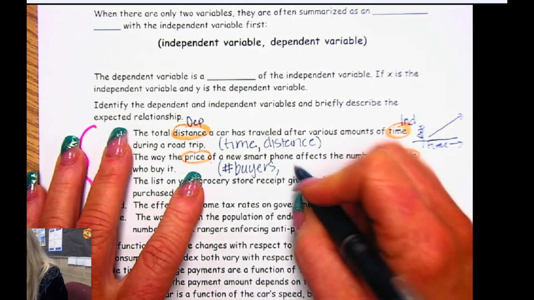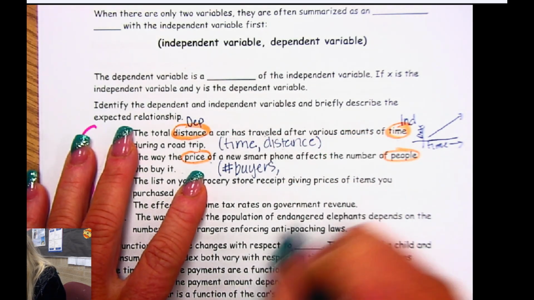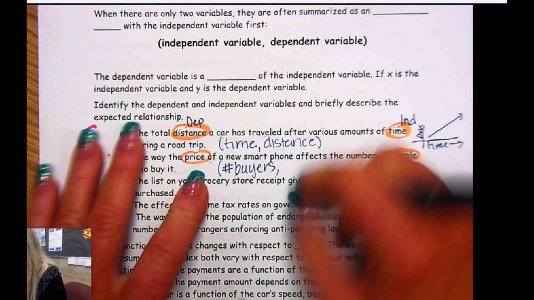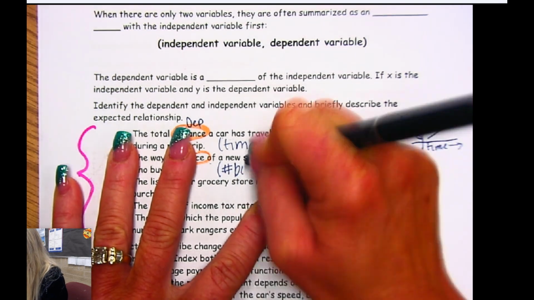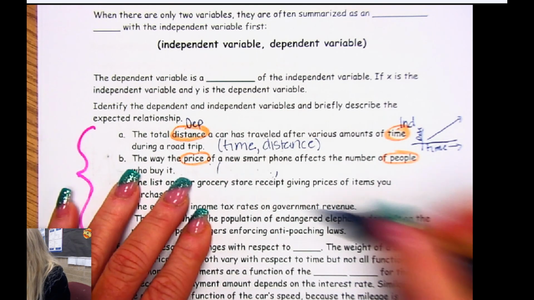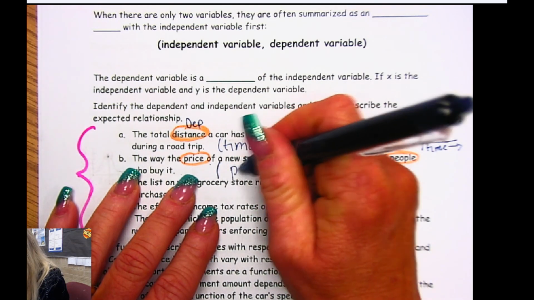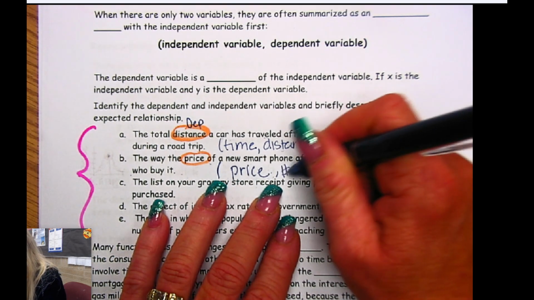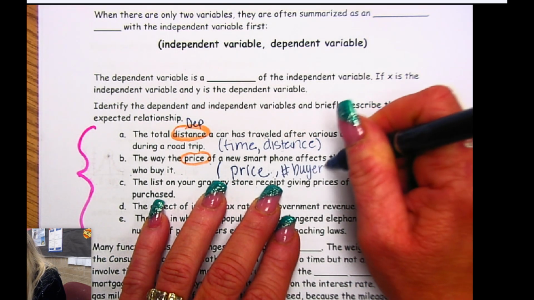Number of people buying it is the dependent variable. I said, and then I wrote it in the independent spot. So whatever the price is, it's independent. You can set the price at any price. And then the number of buyers depends on what that price is.